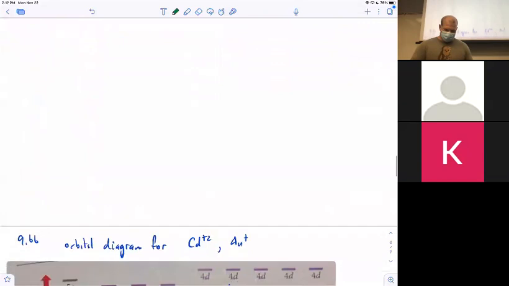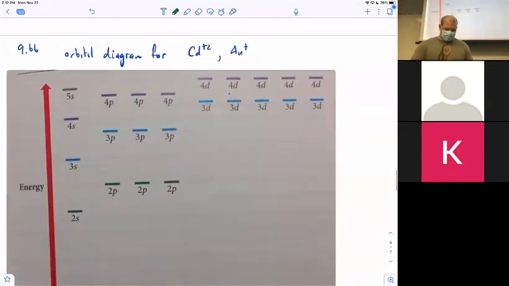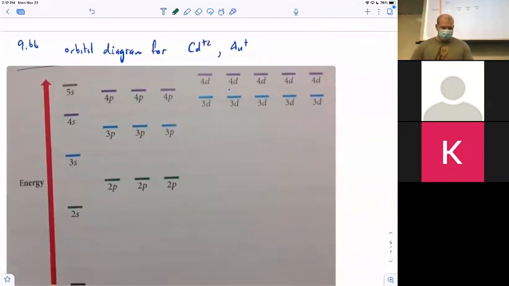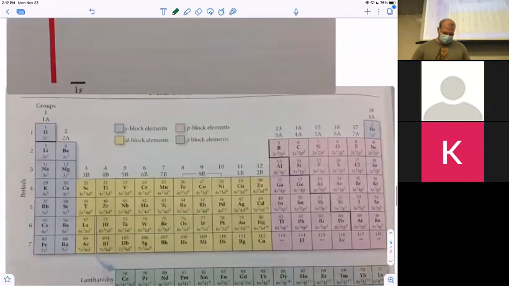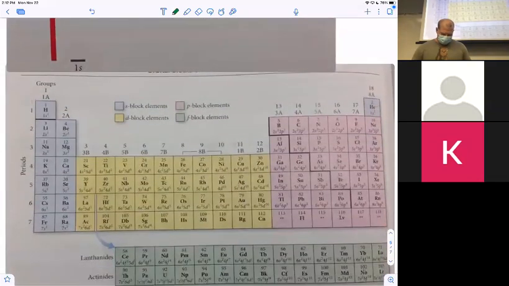All right, but I wanted to go over in terms of review. Problem 9.66, orbital diagram for cadmium +2 and gold. So here is cadmium.